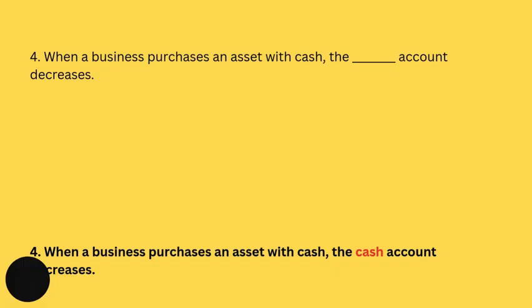This is an important concept because it highlights how cash flow impacts overall financial health. Remember, every financial decision affects multiple accounts. Now, keep this in mind as you transition to our next topic, which will elaborate on how these transactions are documented in the ledger.